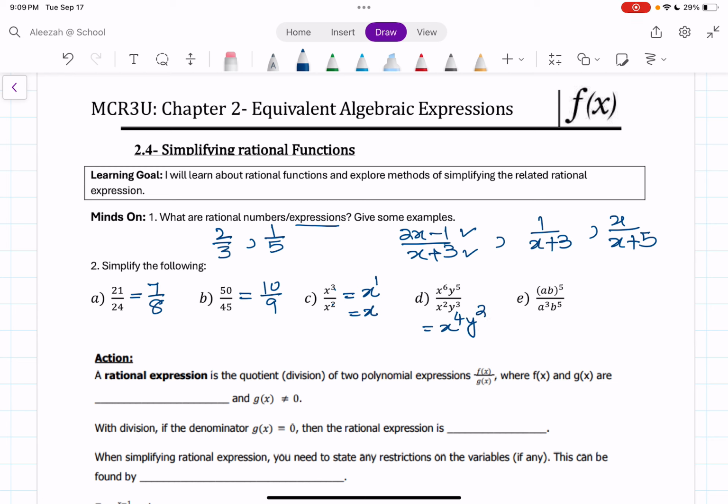Here, first we need to simplify that, because we can write ab with the exponent 5 as a5 b5 divided by a3 b5. And now when you simplify that, a5 divided by a3 is a2, and b5 just cancels out, so the answer is a2.